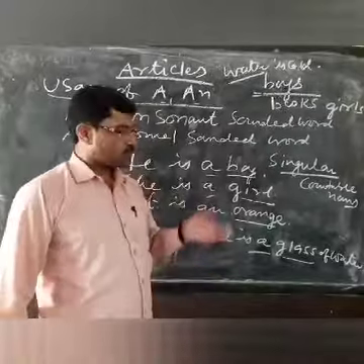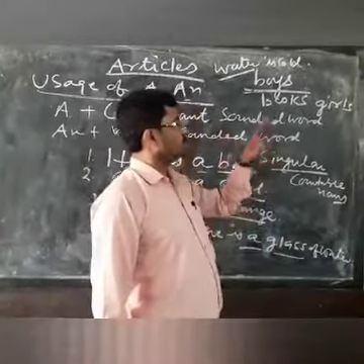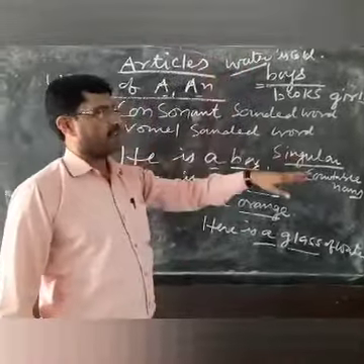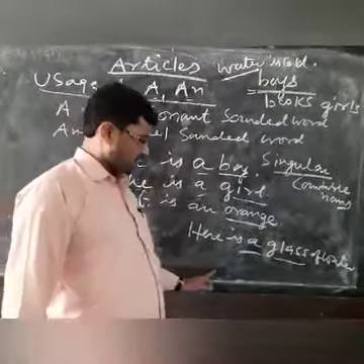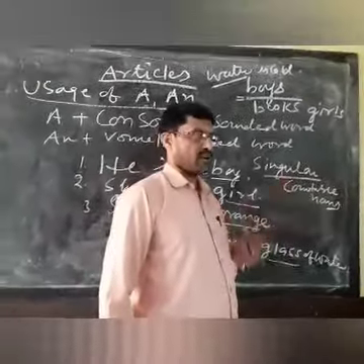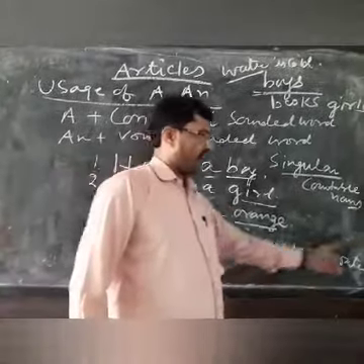So if you don't find such expressions, don't use a and an before uncountable nouns. And if you find such expressions, like a glass of water, a pot of water, a bottle of water, you can use a and an.